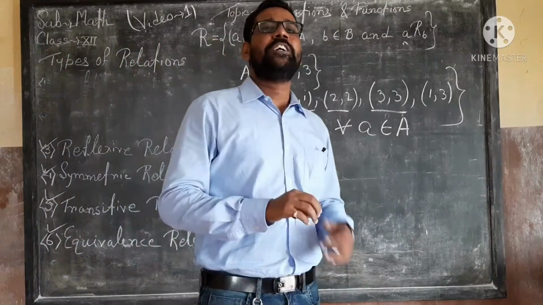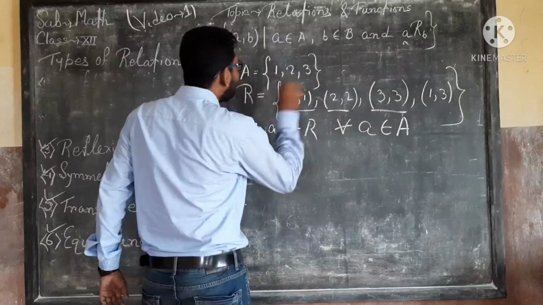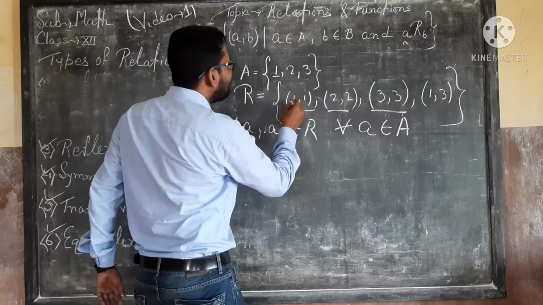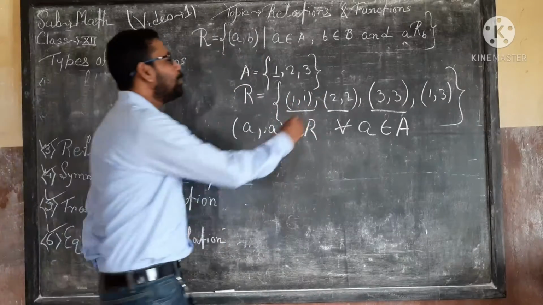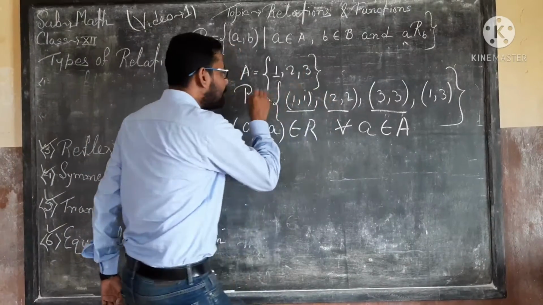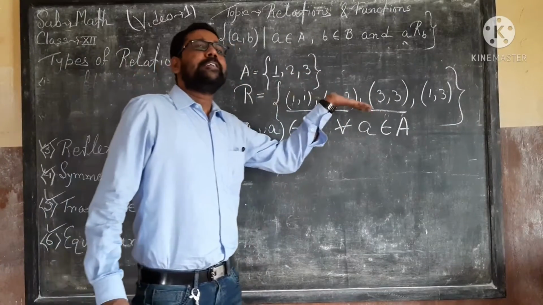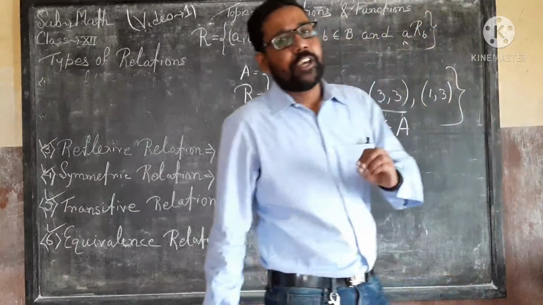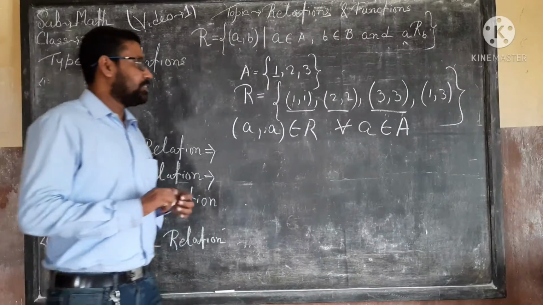Then this particular relation is called the reflexive relation. So in this example, A contains 1, 2, 3, that means the ordered pair (1, 1) also belongs to this relation, (2, 2) also belongs to this relation, and (3, 3) also belongs to this relation. That means this particular relation is an example for the reflexive relations. Okay?